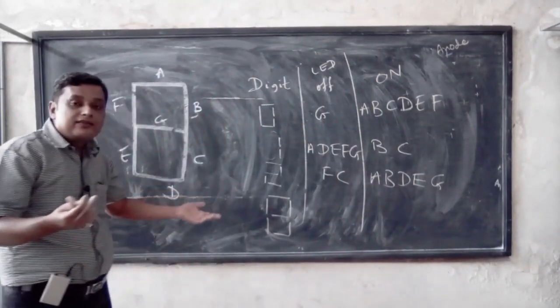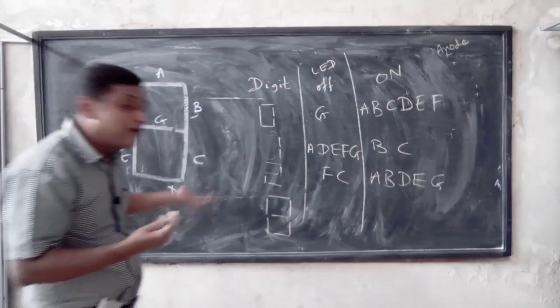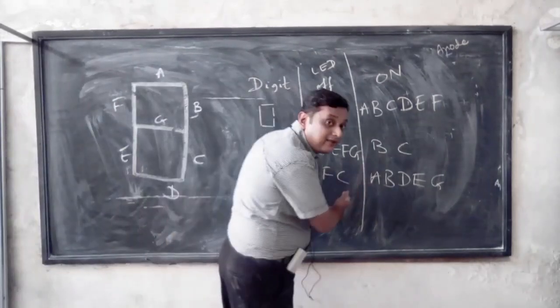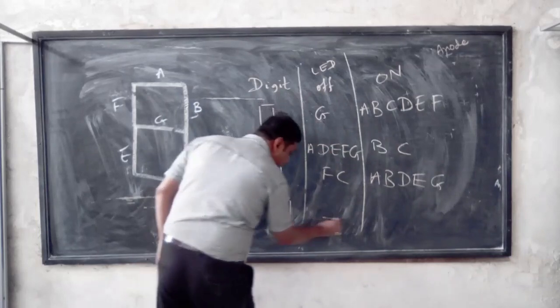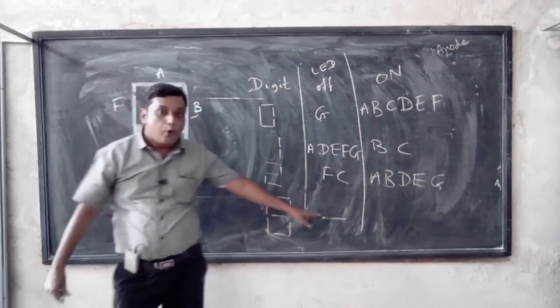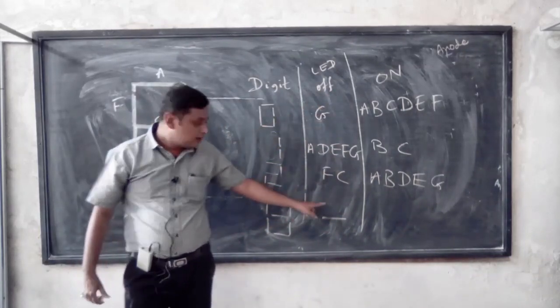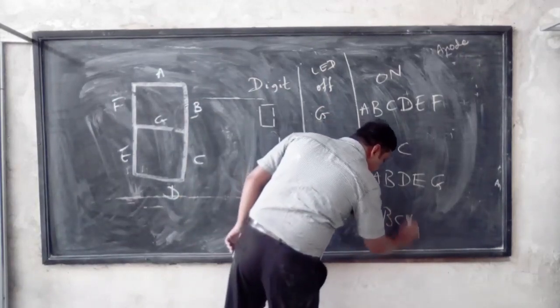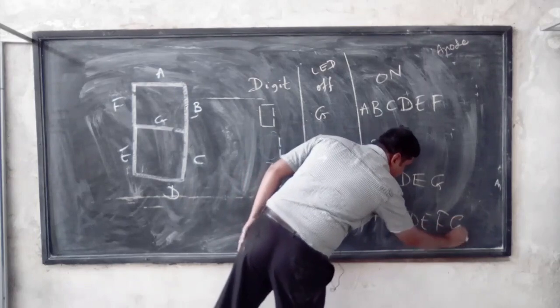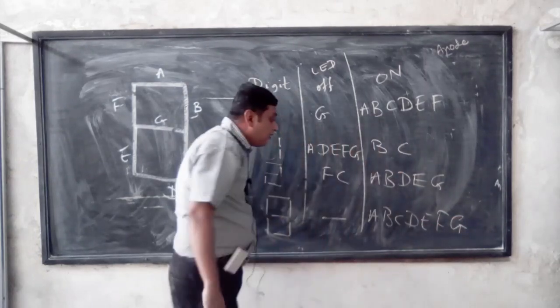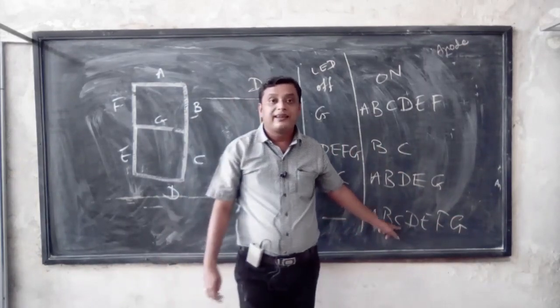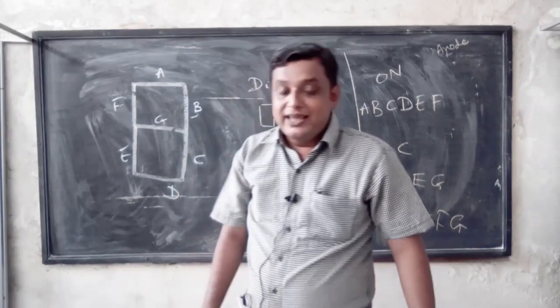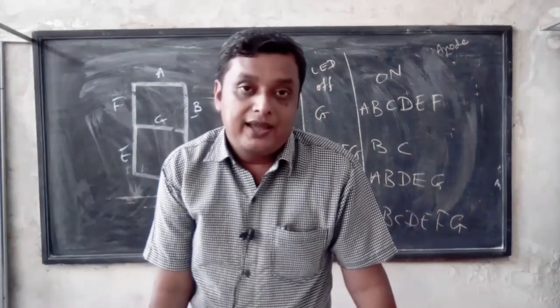Not a single LED will be under the reverse bias condition, so none is in the off state. So A, B, C, D, E, F and G: a total of 7 LEDs would be under the forward bias condition.